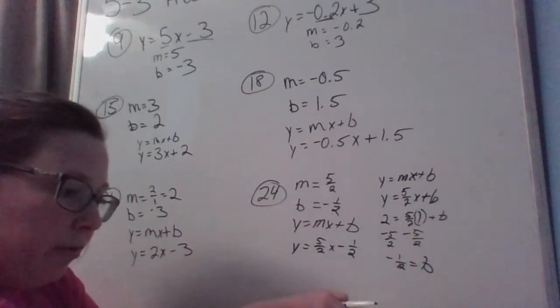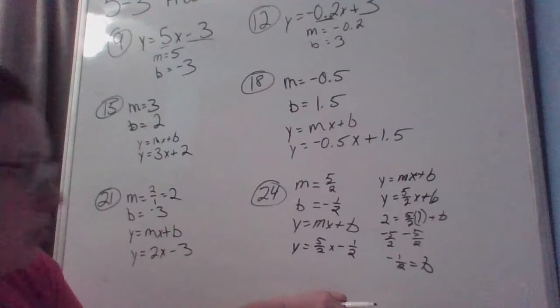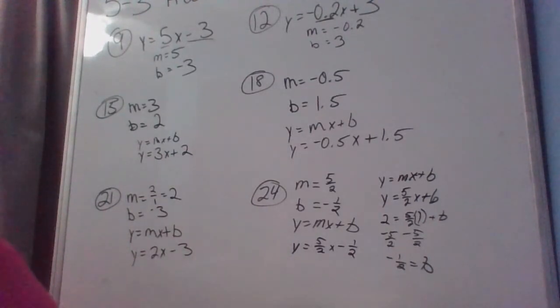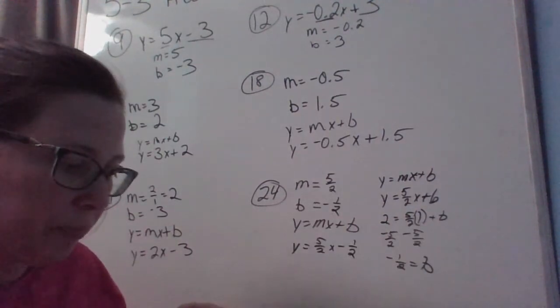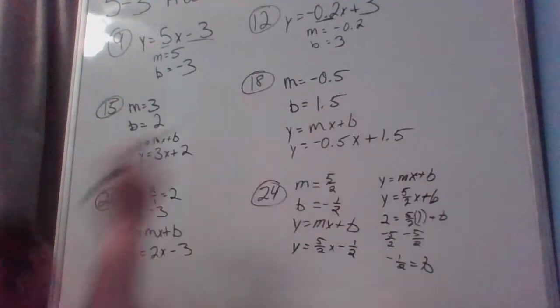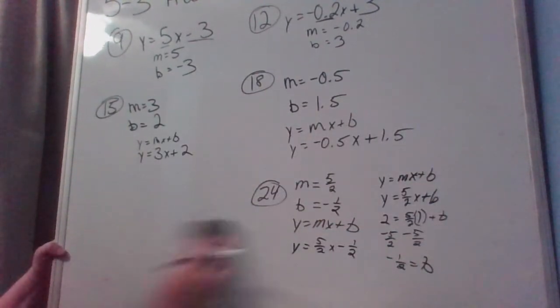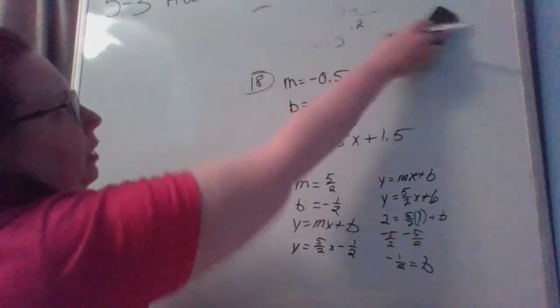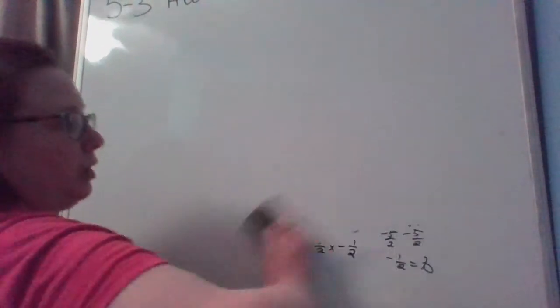Next we have 27 and 30. They are similar to that one that we just did, in that we need to figure out what the slope is, and then figure out what our intercept is, and then finally plug them in to the slope-intercept form.